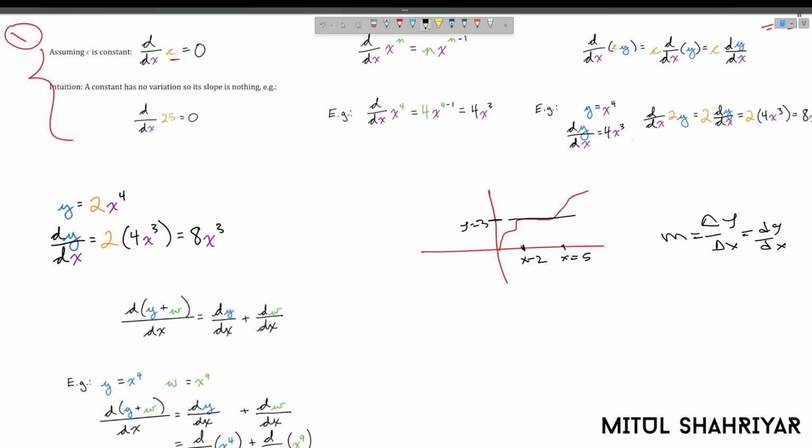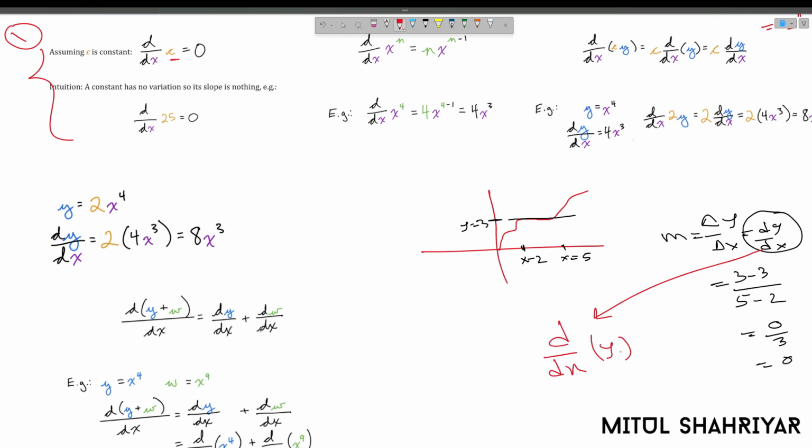I'm just mixing that up. You see the value of y is 3 and it is 3, right? It is not increasing. That means we'll call it 3 minus 3 by, what is the change in x? It is 5 minus 2, which is 3. So 0 by 3, which is 0, right? That means if you just look in here, as we have said, we can just write it like d by dx of y, and you can see that y is 3, right?